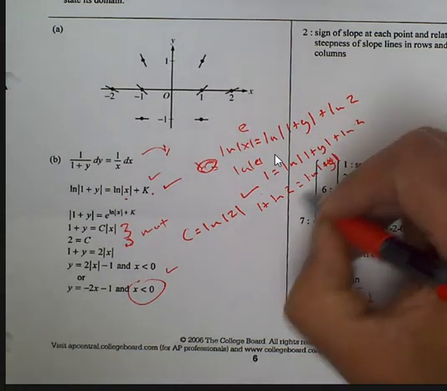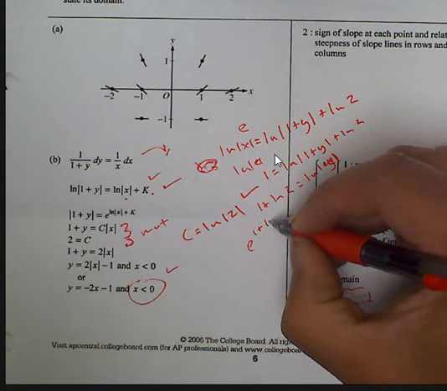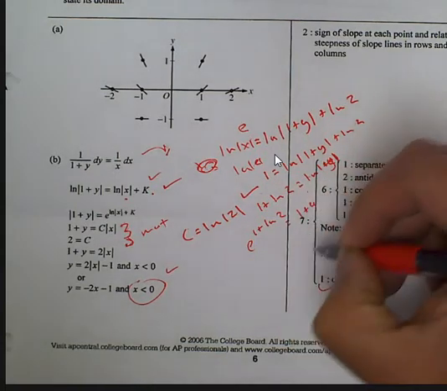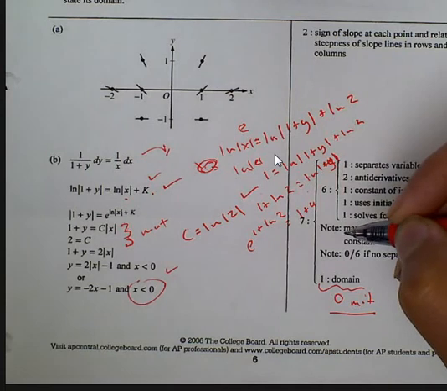Drop an E on it, e to the 1 plus natural log of 2 equals 1 plus y. I have no idea why. Oh, light went off again.